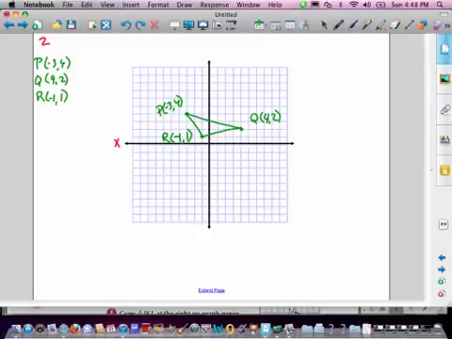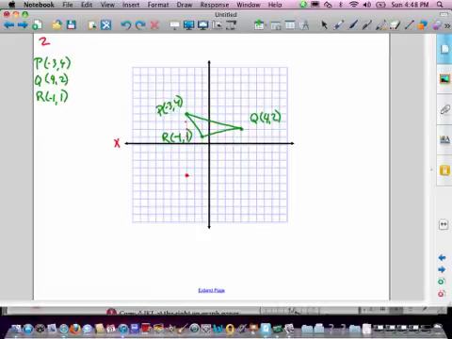So what we want to do is reflect it over that. So, if from here up is 1, 2, 3, 4, then I need to go down 1, 2, 3, 4, and there's my point that I should have as my reflection there.